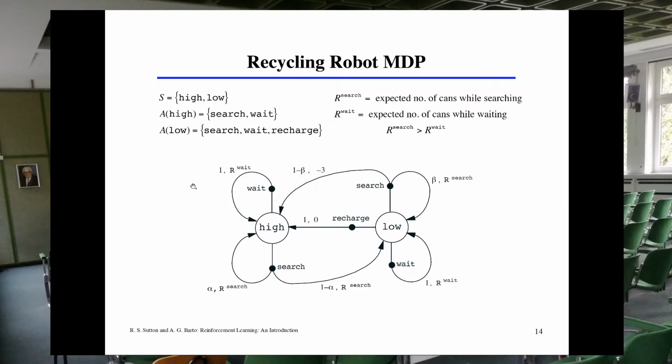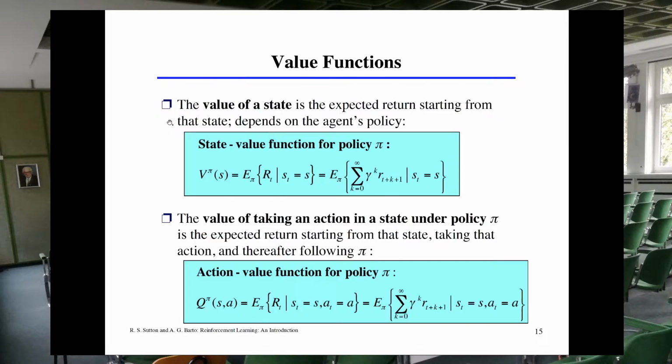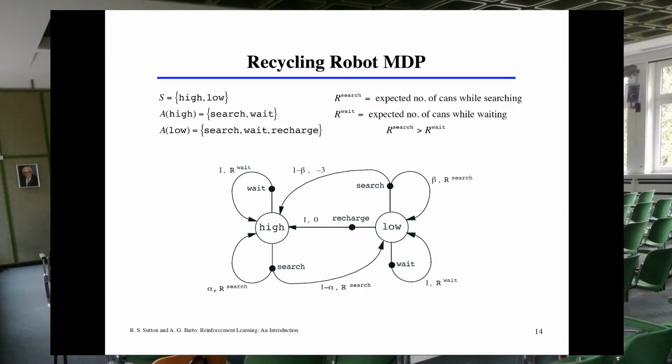So here in this graph we have the two states that the agent can find, battery high and battery low. This is defined here as a set, so the set of states is going to be high and low. It will have a set of actions defined for each state.